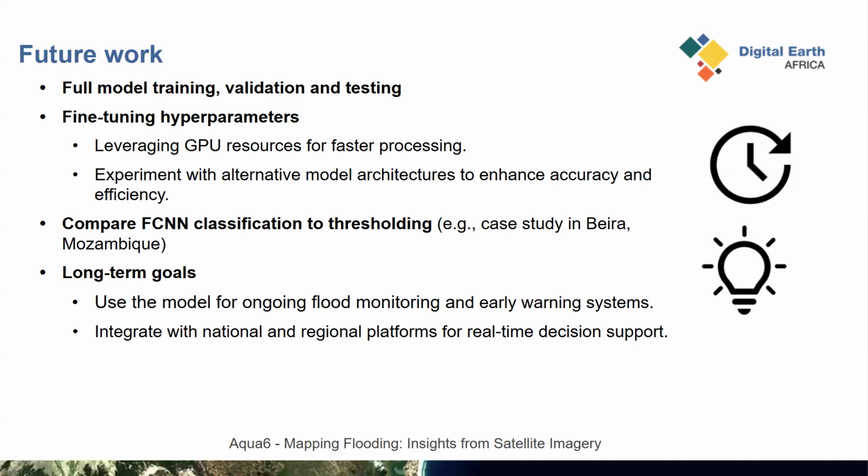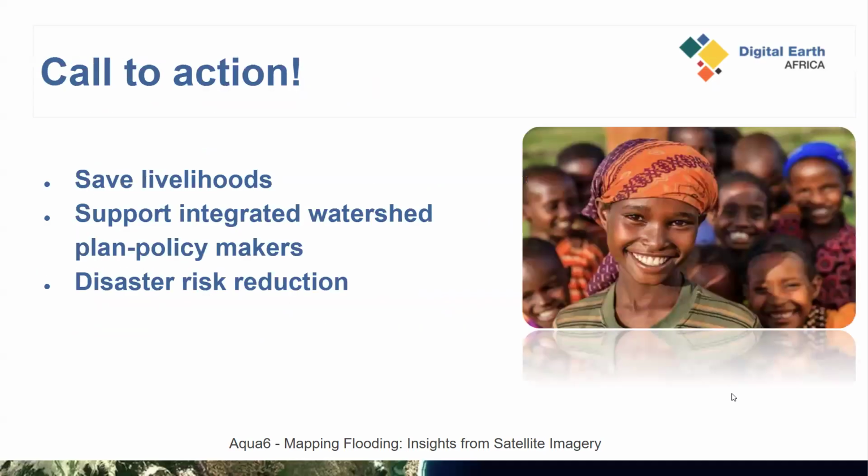And of course, because we have that thresholding approach, which we're hoping this improves on, we want to compare it. And why not start with the Beira example that we looked at and see how that works, and then move forward with the rest of the work. And of course, we have some long-term goals to use the model for ongoing flood monitoring and early warning systems, and integrate these into national and regional platforms for real-time decision support for the entire continent, which aligns perfectly with the mandate of Digital Earth Africa.